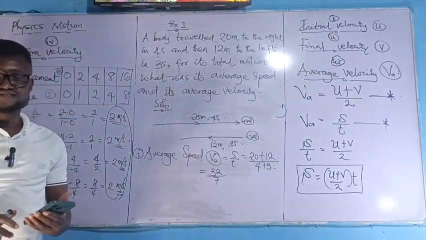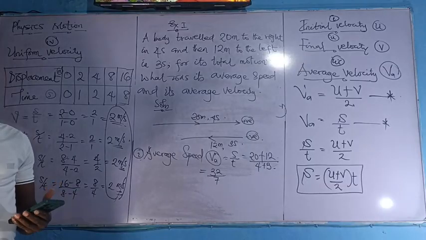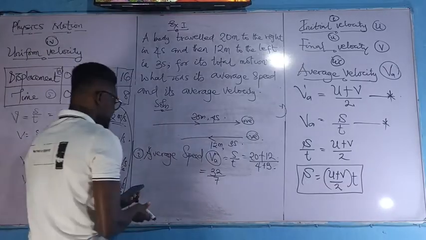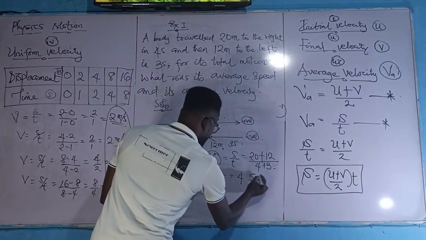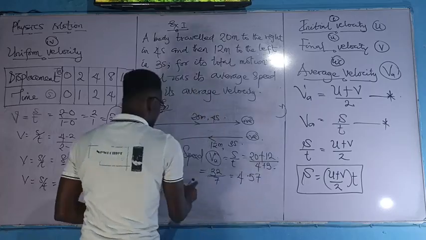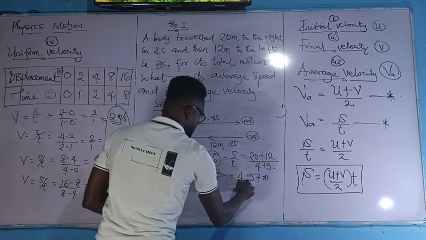So what do you get? Yes, 4.57. So we have this as the average speed.